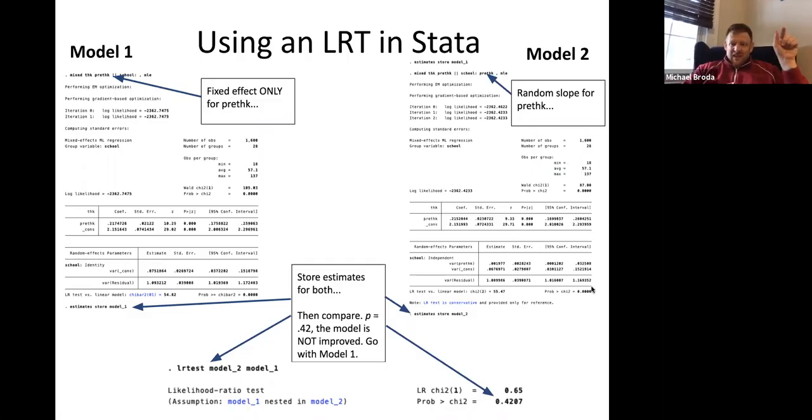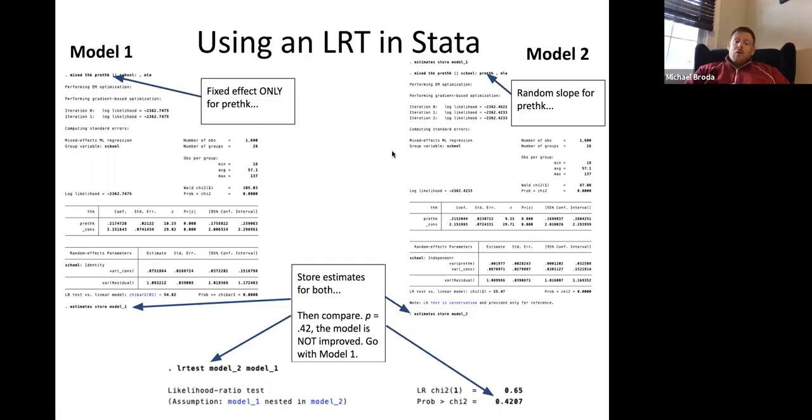The way to check this is to look at the degrees of freedom here and here. In this model, we have 1 degree of freedom; in this model, we have 2 degrees of freedom. That's how you know they are nested. And if they differ only by 1 degree of freedom, then you can do this LR test, which allows you to make the distinction.